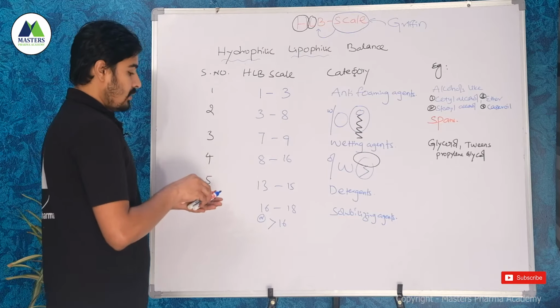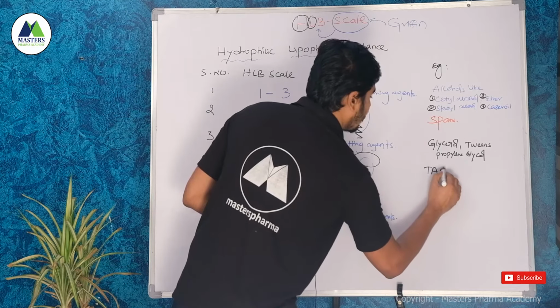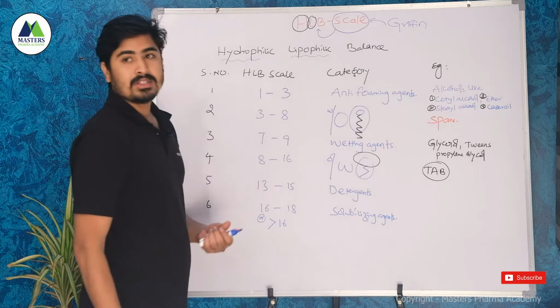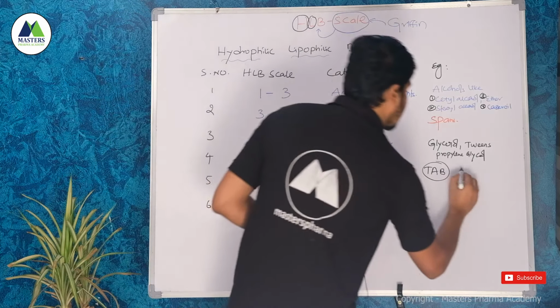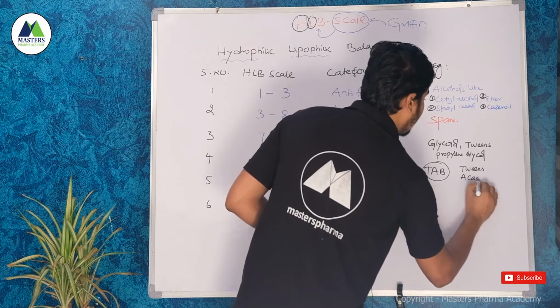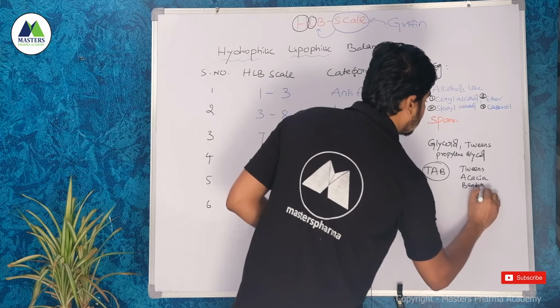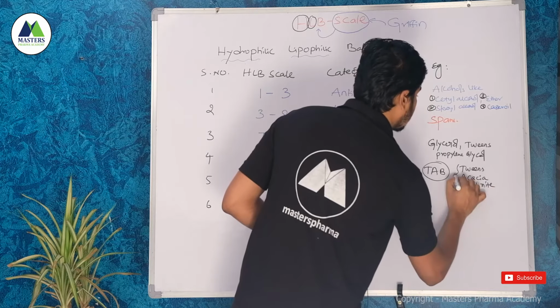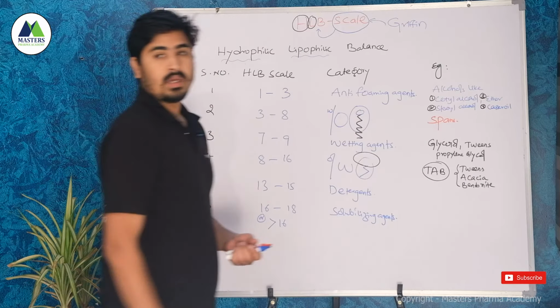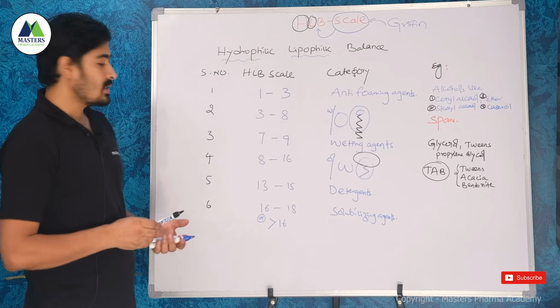Here you need to remember TAB. Remember the word TAB. TAB is nothing but what? T means Tweens, A means acacia, B means bentonite. These three belong to the O by W emulsifying agents category.